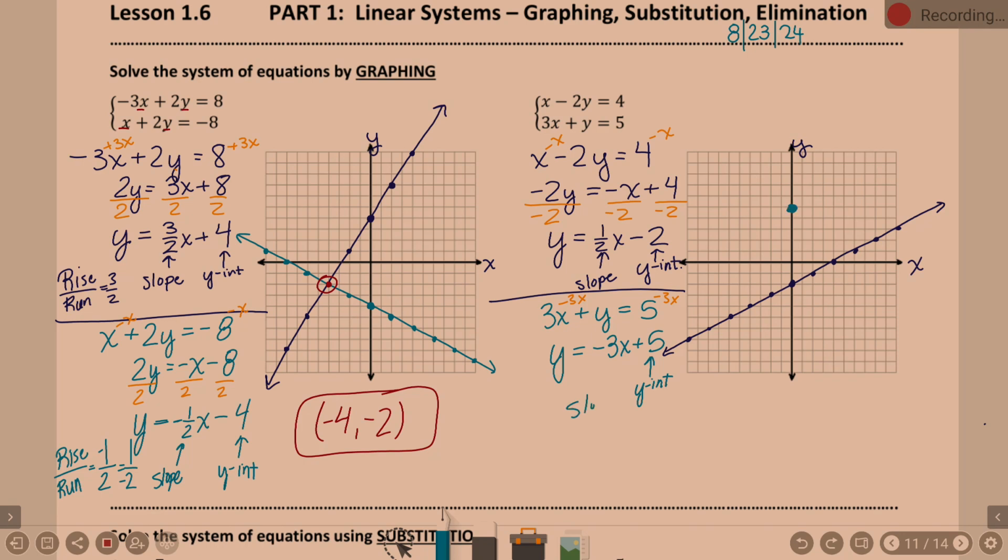A slope of negative 3. Negative 3 is a fraction. Put it over 1, and it's negative 3 over 1. So, rise over run. Rise negative 3. Run 1. Down 3, right 1. You can also reverse it and go up 3, left 1.